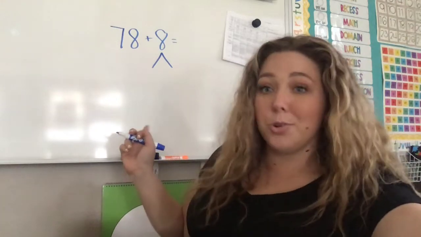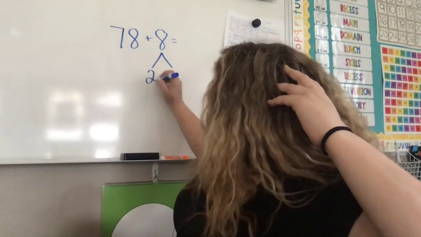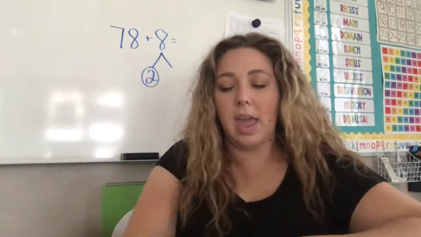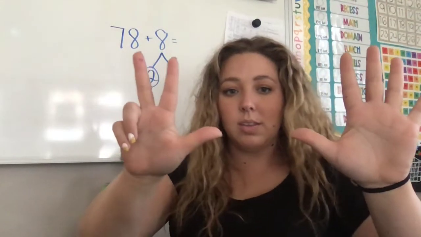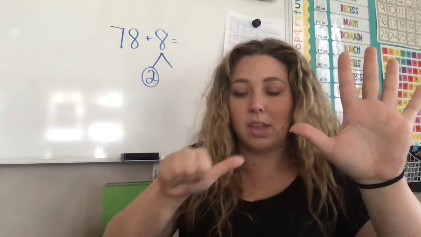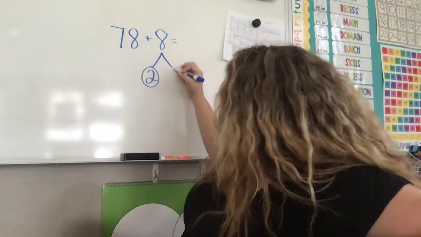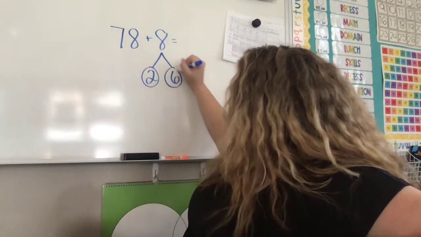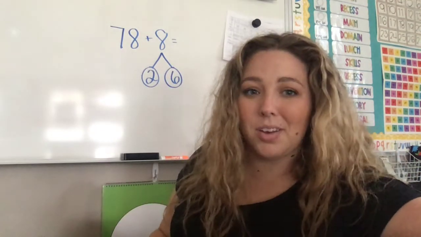So 78, how many do we need to borrow from 8 to create 78 into 80? We need 2, right? So we're going to borrow 2 from our 8. And when I borrow from my 8, we have 8, we're going to take away 2. How many is left? 6. So now we have 2 and 6. Again, we just created a number bond.